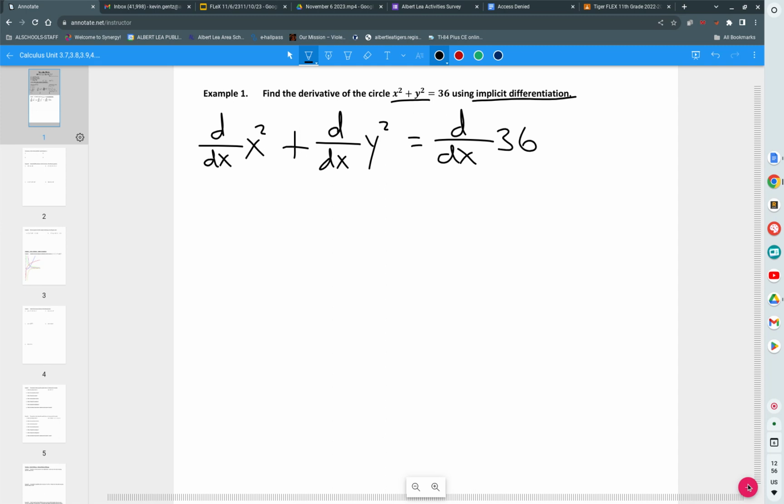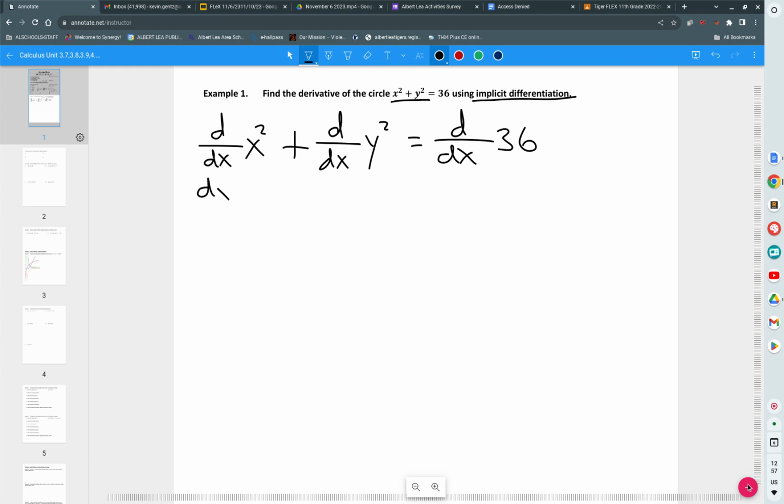Everybody okay with what I'm setting up here? I'm going to take the derivative of each part. What do you say is the derivative of x squared? 2x. You never have to show this. I'm just trying to teach you why in this moment.